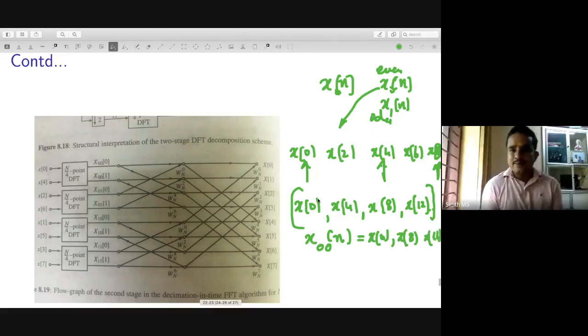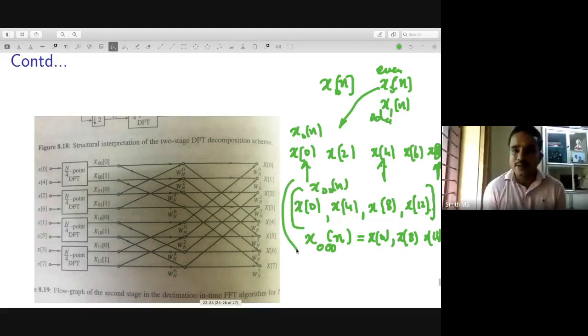So what I have written is x000n, but this is x00n, where you have taken again the odd and even terms.